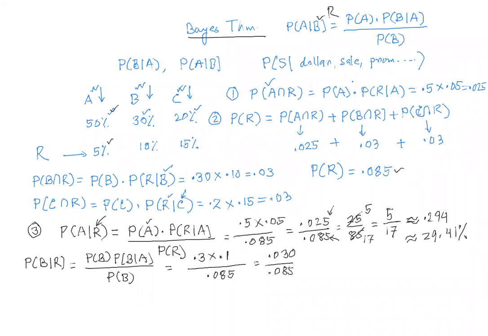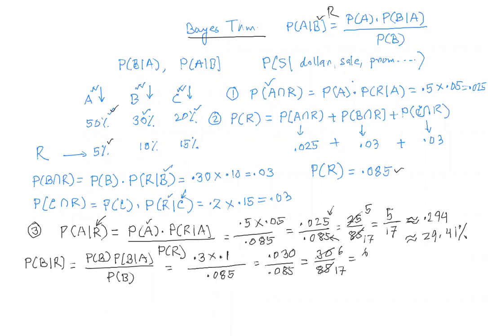I'm just going to put a 0 here so that I can align the digits after the decimal. If you multiply the numerator and the denominator by 1000, you're going to get 30 over 85. 5 goes into 30 6 times, 5 goes into 85 17 times.